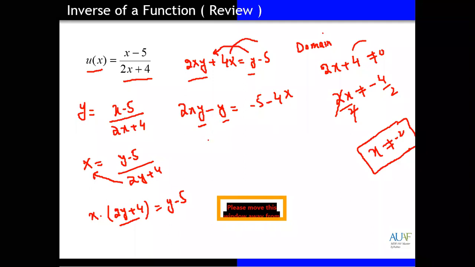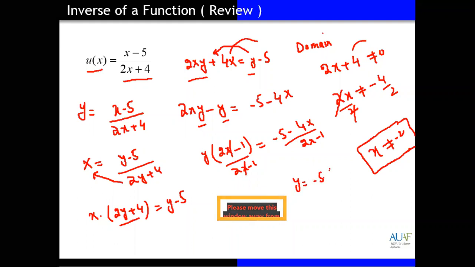So taking y common, y multiplied by (2x minus 1), because y multiplied by 2x equals 2xy, and y multiplied by 1 equals y, equal to minus 5 minus 4x. If we divide both sides by 2x minus 1, they cancel, and y is equal to (minus 5 minus 4x) divided by (2x minus 1). This is the inverse function.